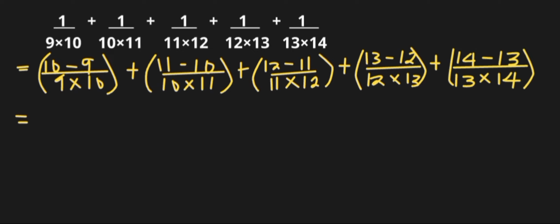The next thing we shall be doing is to separate each term into partial fractions. So the first will be 10 over 9 times 10 minus 9 over 9 times 10.